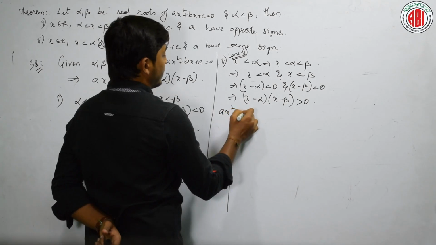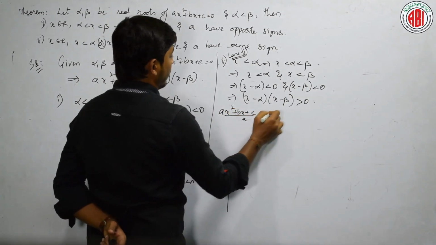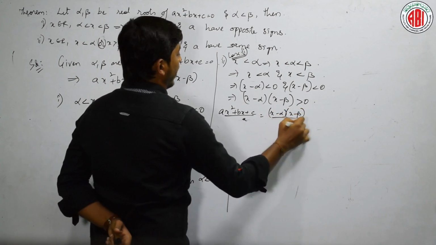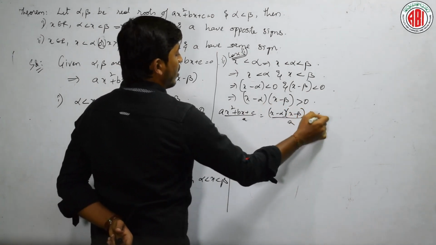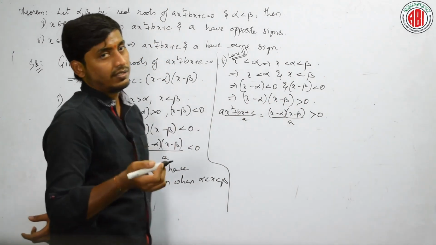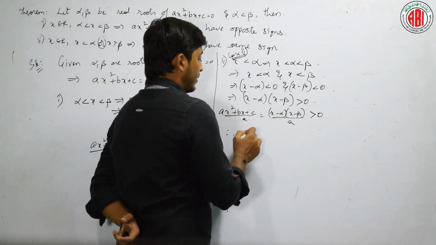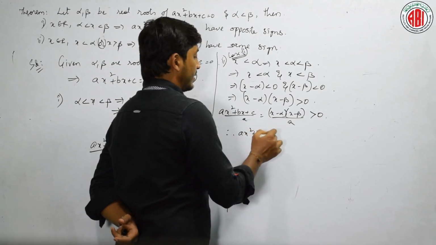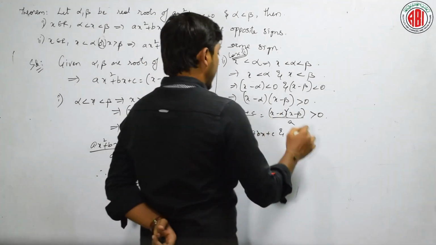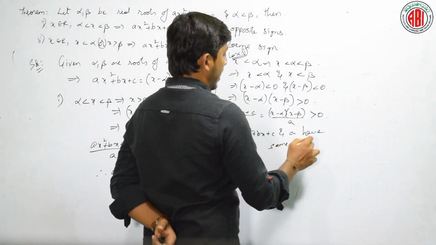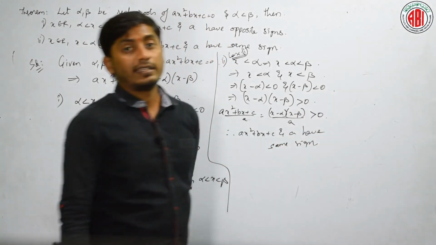So, can I do this kind of thing? Ax square plus bx plus c by a is equal to x minus alpha into x minus beta by a. Since this term is greater than 0, obviously the whole term is greater than 0. Therefore, ax square plus bx plus c and a have the same sign, isn't it?